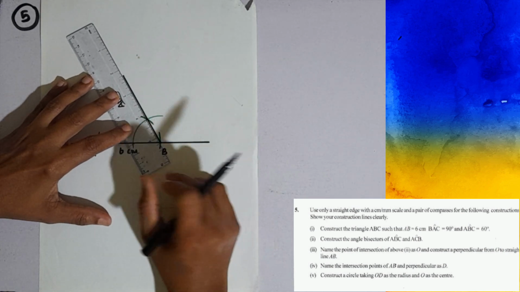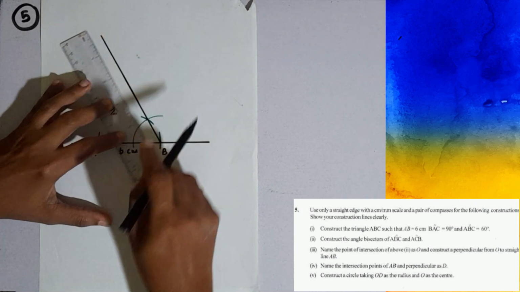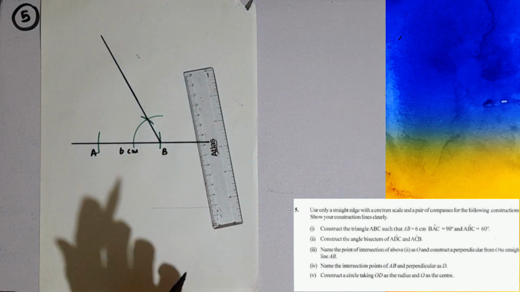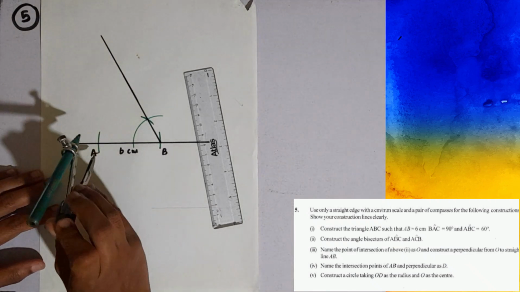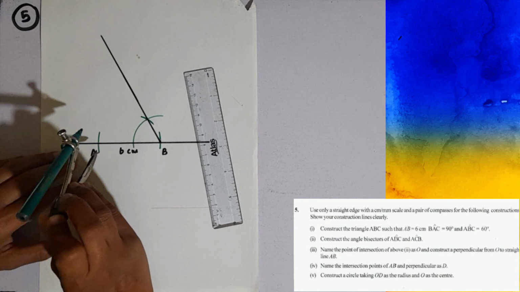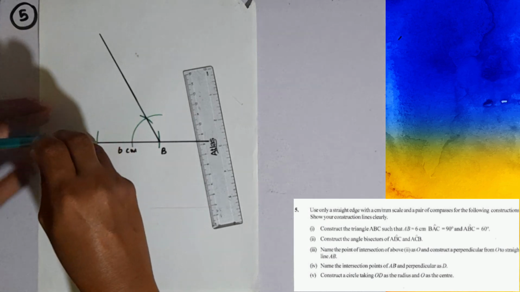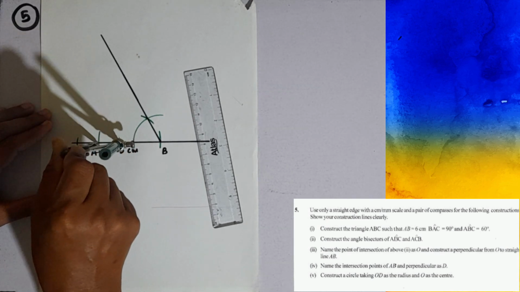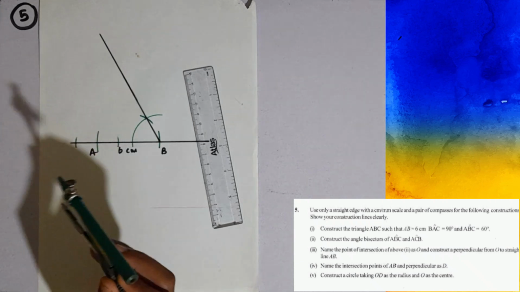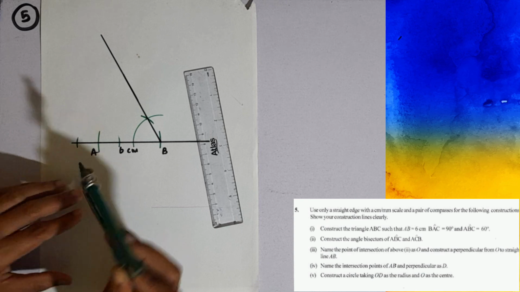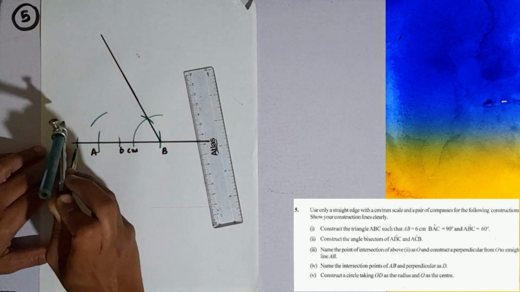You have to extend the straight line segment here. Then now you have to construct the BAC angle. Keep the point of compass on A point and draw two arcs on either side of the point A like this. Then change the distance between the point of compass some more and keep the point of compass here and draw two arcs like this.